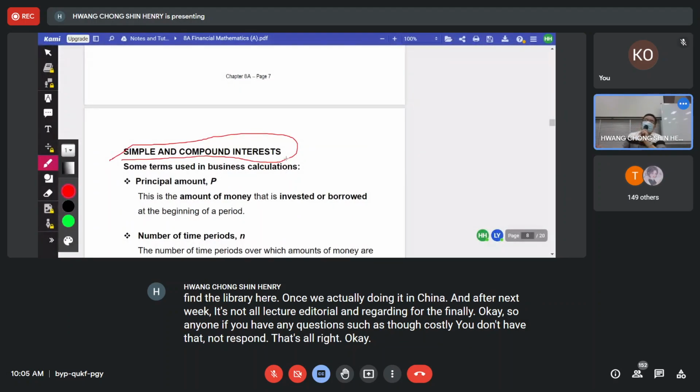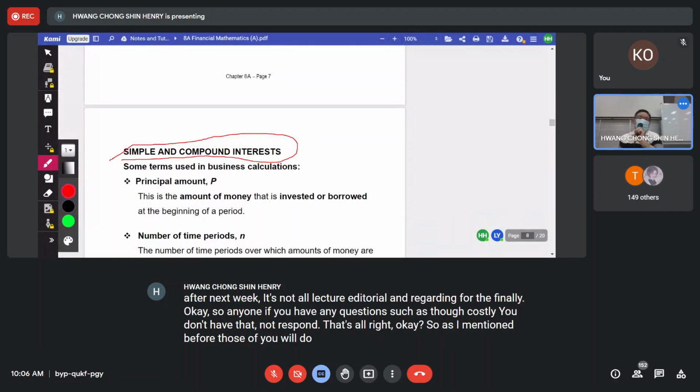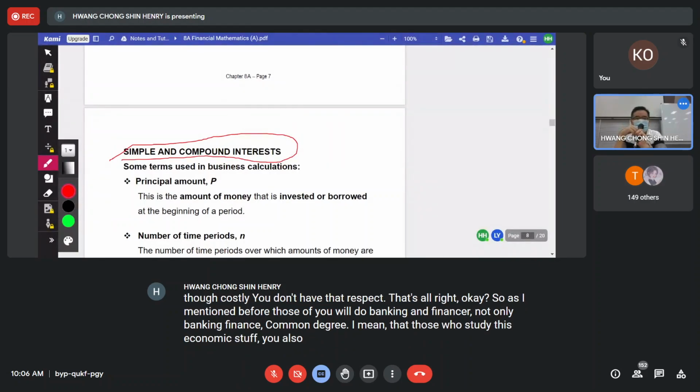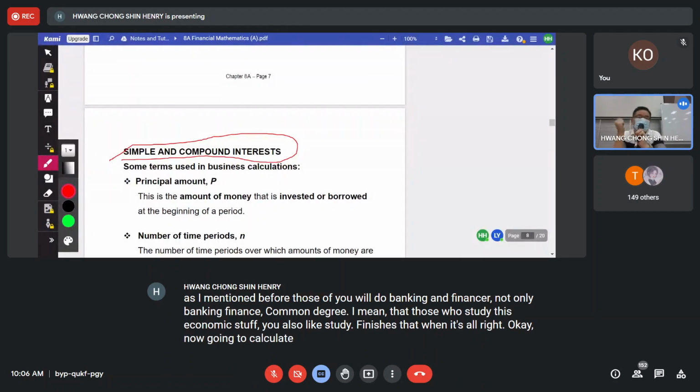As I mentioned before, those of you who do banking and finance, not only banking and finance, but also those who study economics, also study financial statements and so on. When you want to calculate this interest, we call it dividend.